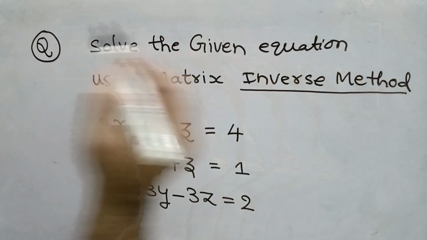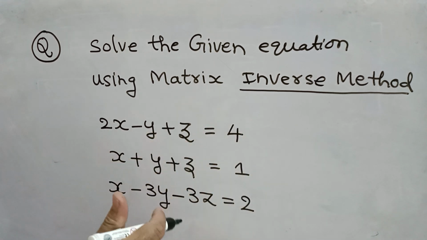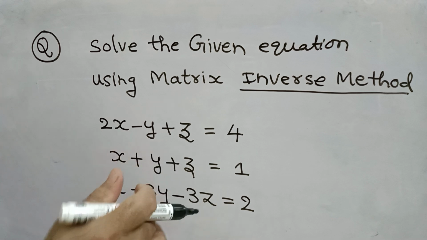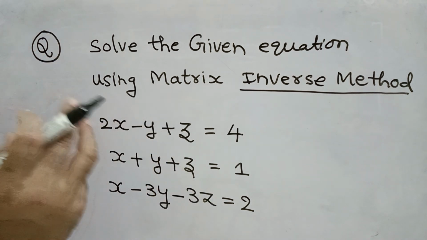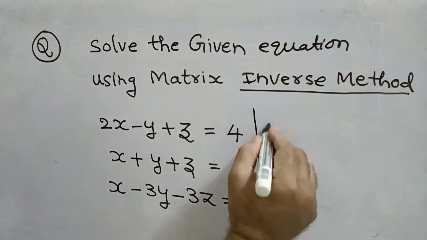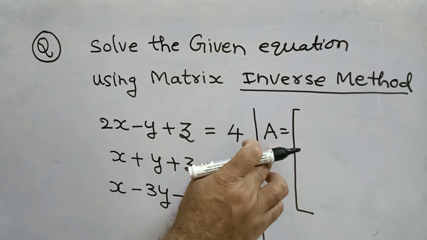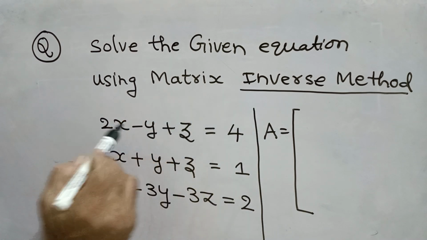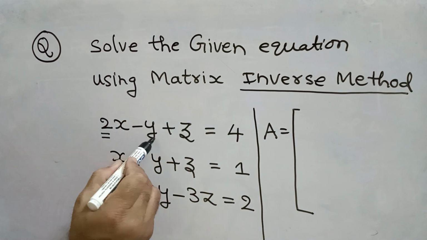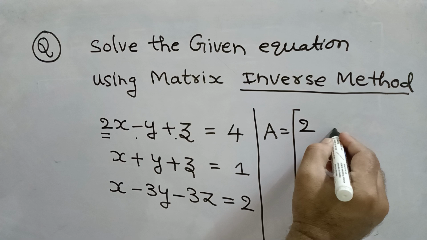These are the given equations, and you are asked to solve them using the matrix inverse method. I will give you a simple clue, but you have to try on your own. There are three equations, and from these you first make a matrix A. From the first equation, the x coefficient is 2, the y coefficient is minus 1, the z coefficient is 1: 2, minus 1, 1.